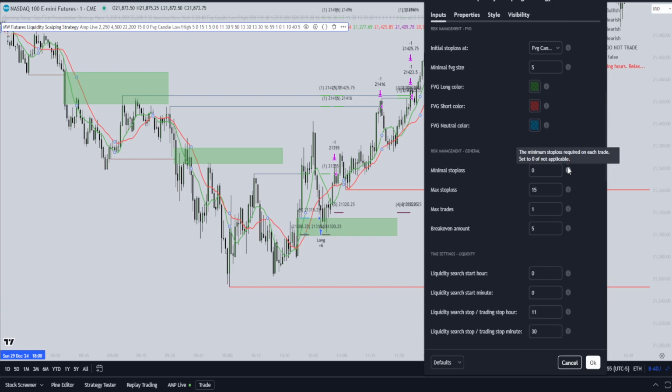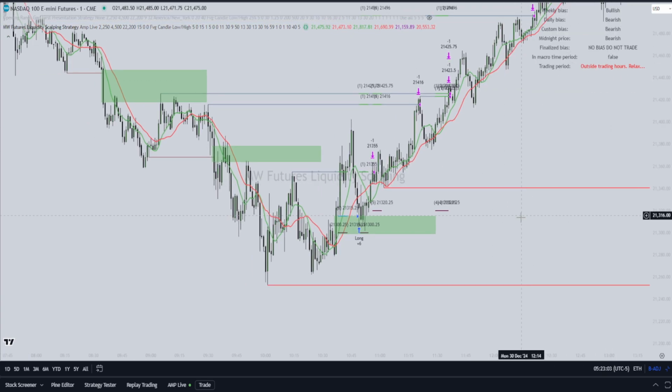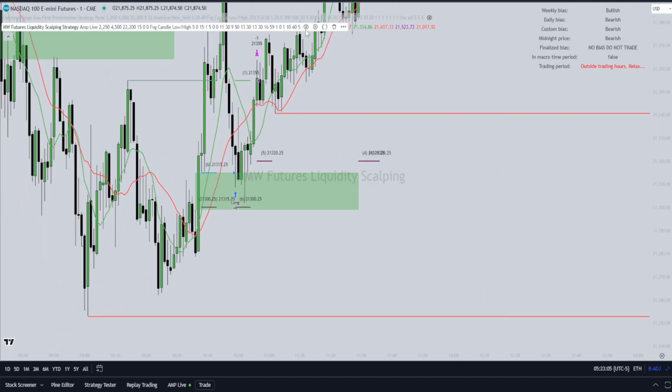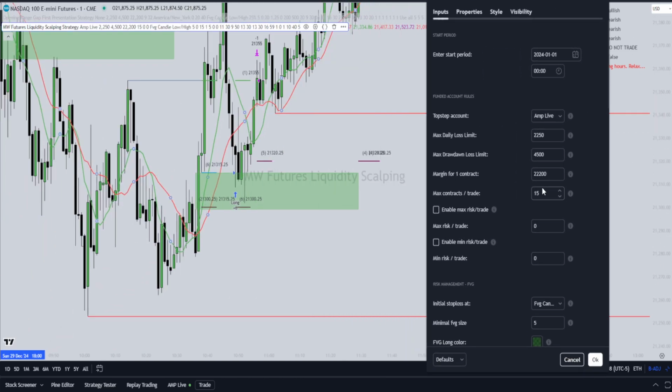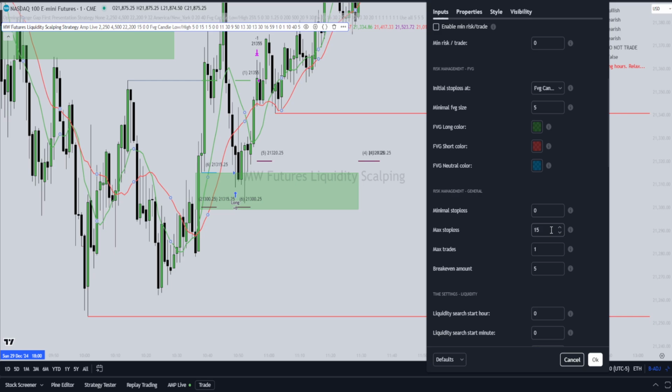Let's go over the first tooltip, minimum stop loss. The minimum stop loss required on each trade, set to 0 if not applicable, meaning that right now it is not active, it is at 0. But let's have a look at what happens when we change it.